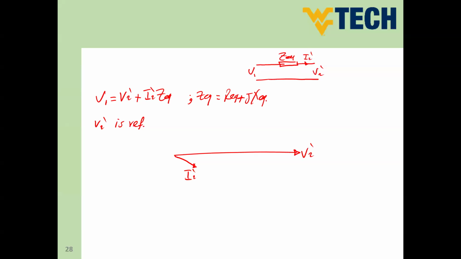You know Z is R plus jX, so I times R would be in the same direction as I. So this is I2 prime times R equivalent, and you have jX equivalent times I2 prime as well. So by the end, you would have I2 prime times Z equivalent here.